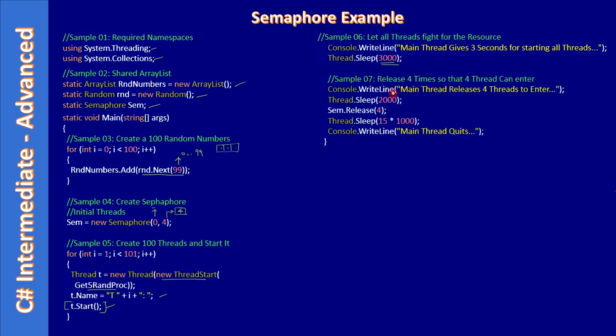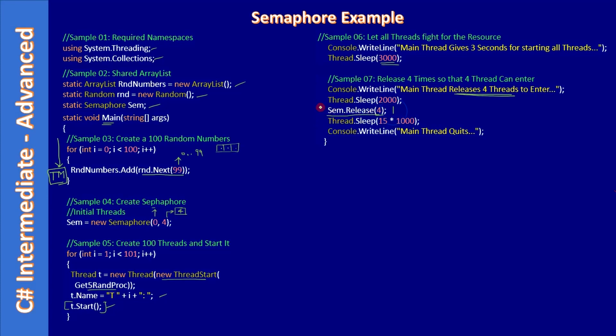Next, in the console we state the main thread releases 4 threads to enter. The main thread is this one. It allows 4 threads to enter. That means it will make use of the semaphore. See here, semaphore.Release(4).